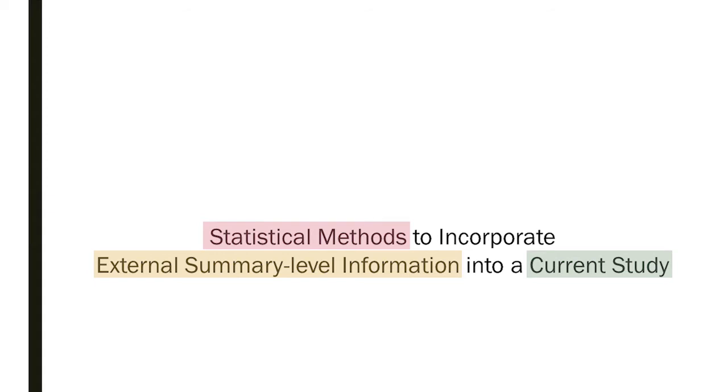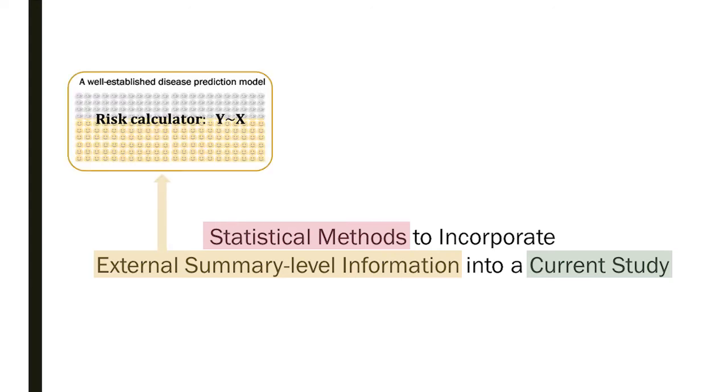There are three main key elements in my dissertation title: statistical methods to incorporate external summary level information into a current study. Let's start. What is external summary level information? So we assume there's a well-established disease prediction model that has been built on a large population.